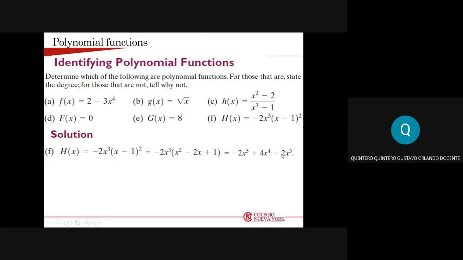So guess what? This is a polynomial function, and the degree is 5. All right, congratulations to the people who said yes. I don't think there was a single person who said the degree was 5, right? No. There were a couple of people who said the degree was 5.